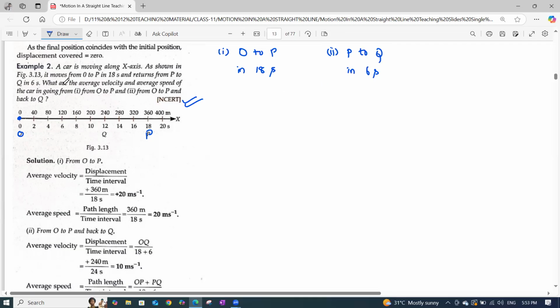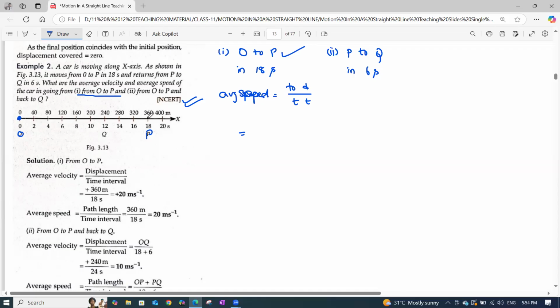First they are asking, what are the average velocities and average speeds of the car going from O to P. Let us try to find O to P in this condition. First, let us go with average speed. Average speed, we know, is total distance by total time. Now, what is the total distance from O to P?